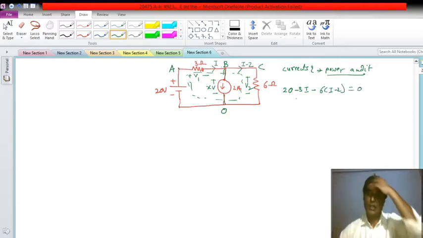The algebraic sum of voltages will be 0, as we know. KVL, so if you solve, it will be 20 plus 12, it is 42, correct?